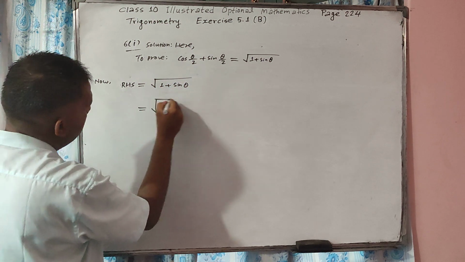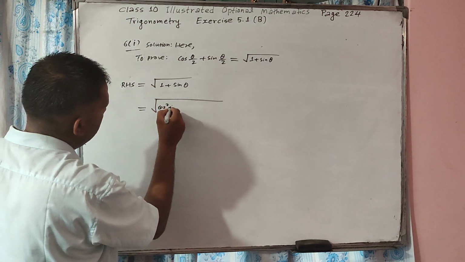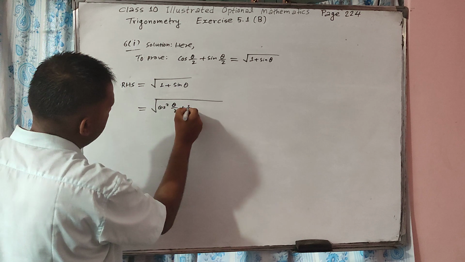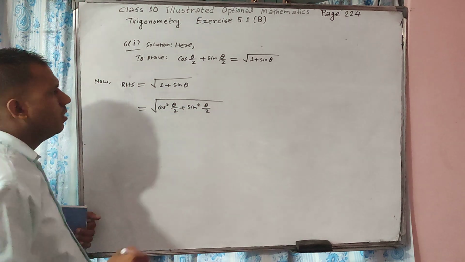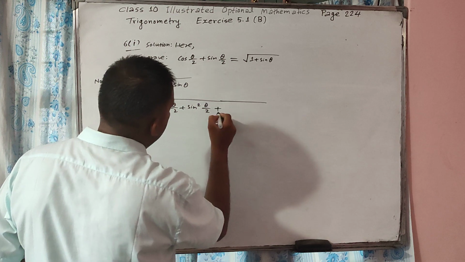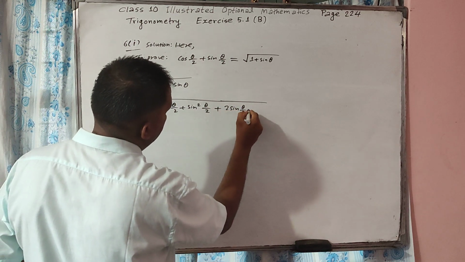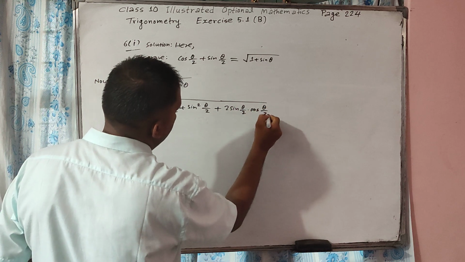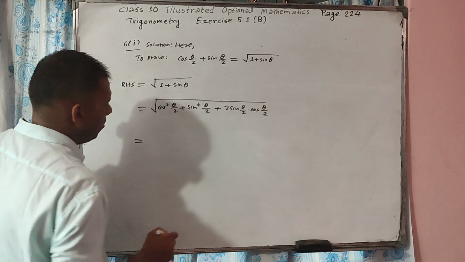For 1 we can put cos square theta by 2 plus sin square theta by 2, and for sin theta we put 2 sin theta by 2 into cos theta by 2. Now it makes a square plus b square plus 2ab, so a plus b whole square.